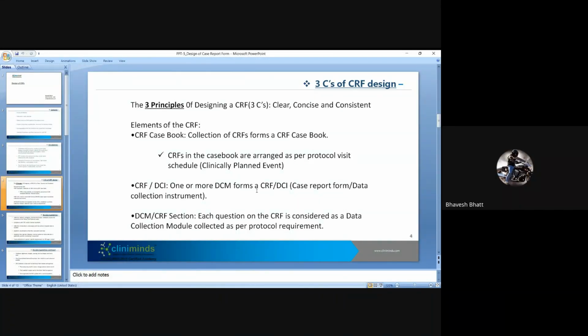So that's the catch here: to begin with the CRF design in terms of a question, then a group of questions forming one particular CRF, and CRFs in turn, when arranged one after the other visit-wise, are called a casebook.